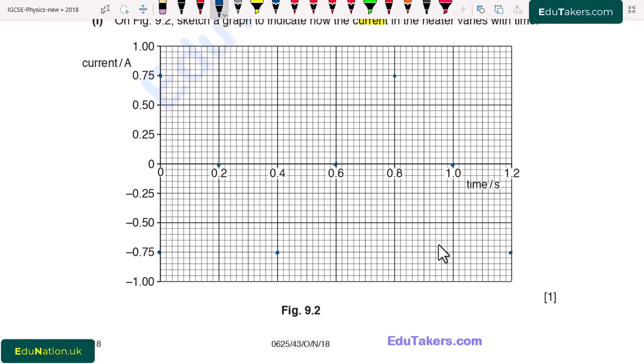Now I have put the dot here. So this is the complete sinusoidal wave which shows how the current varies with time.